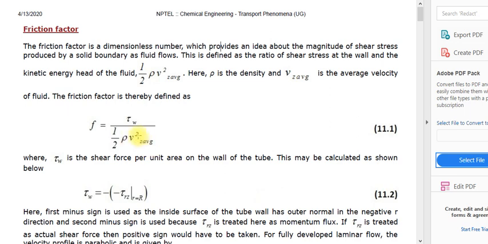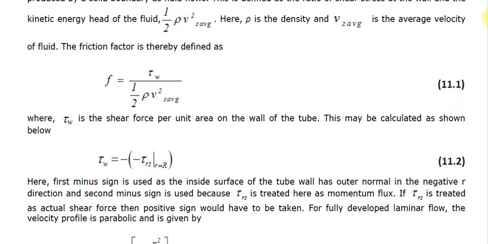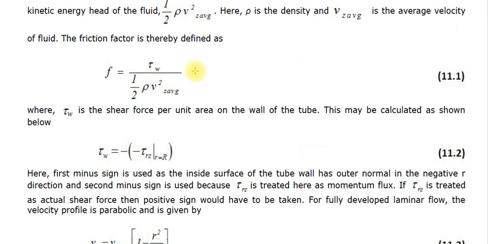Basically this is the kinetic energy term, and this is the friction term, meaning the shear stress term at the wall. Generally we solve the problem for tubes, so we will define the friction factor for tubes first.